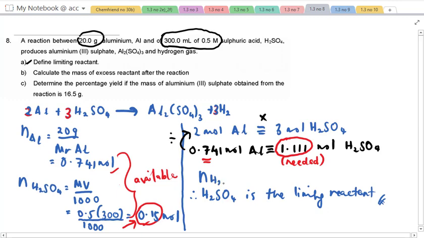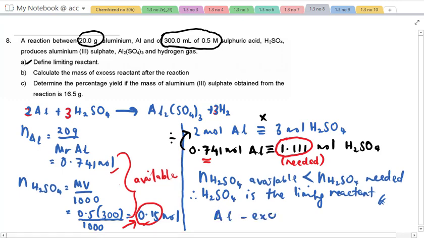The mole of sulfuric acid available is less than what is needed. So when it is not enough, sulfuric acid finishes first. It is the limiting reactant, therefore Al is the excess reactant.